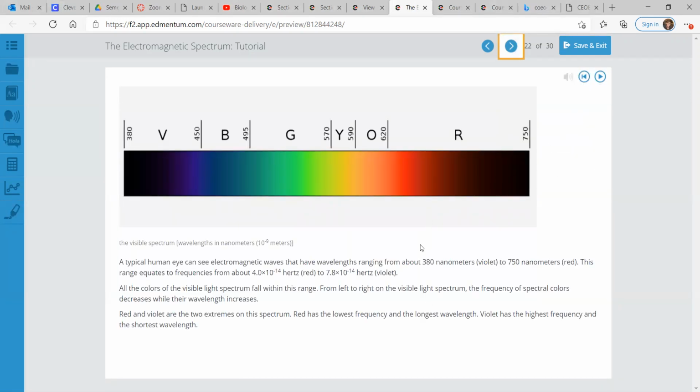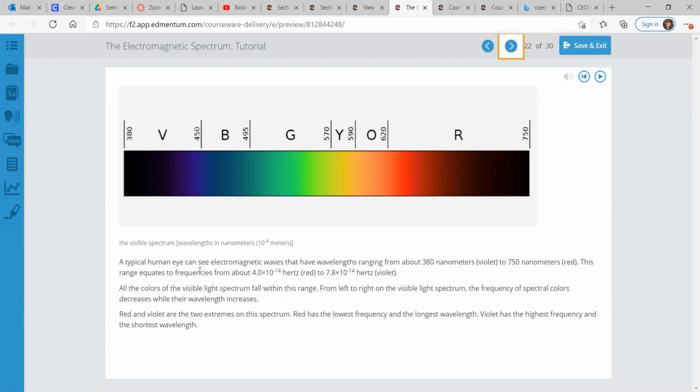A typical human eye can see electromagnetic waves that have wavelengths ranging from about 380 nanometers, violet, to 750 nanometers, which is red. So longer wavelengths, reddish, shorter wavelengths, violet.